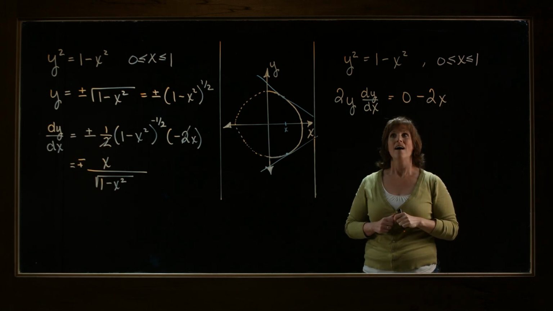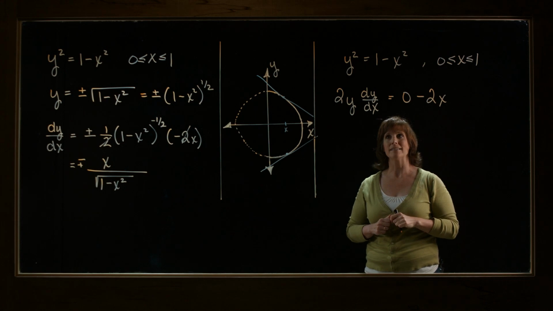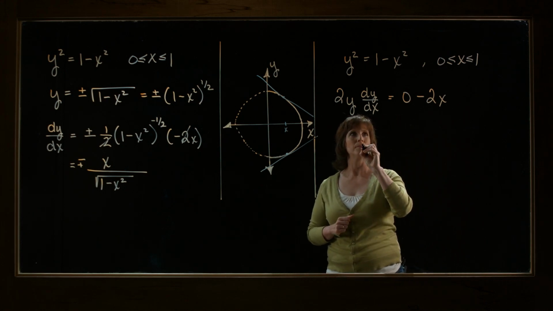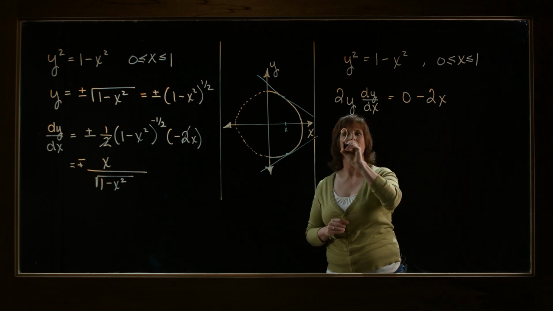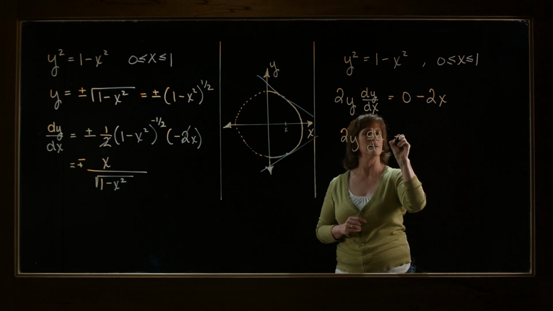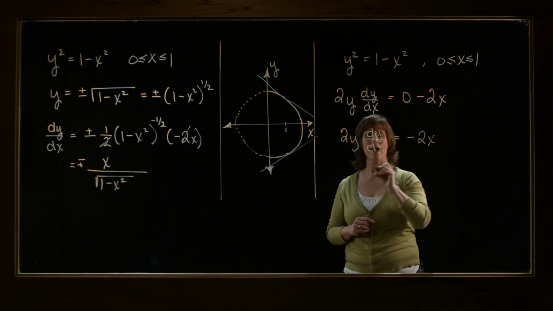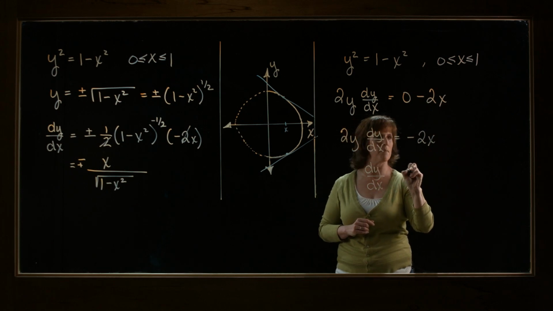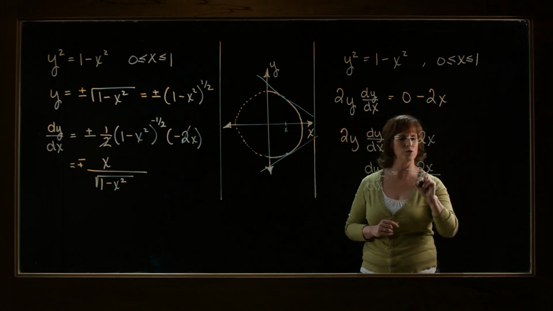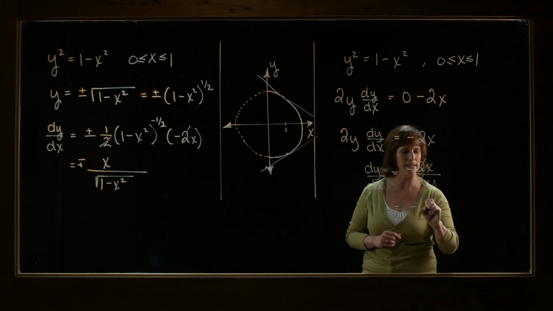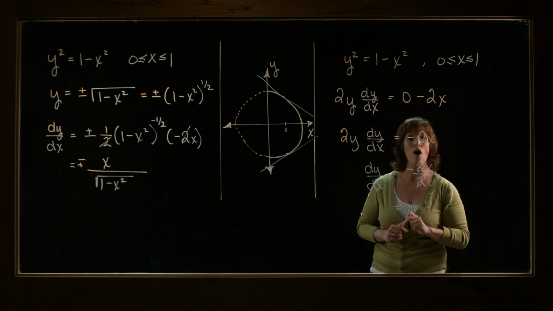So now I can solve for dy dx by simply dividing both sides by 2y. So let's do a little cleanup first. We'll say 2y times dy dx is minus 2x, and so dy dx is going to be minus 2x all over 2y. The 2's cancel, and I'm left with a minus x all over y.